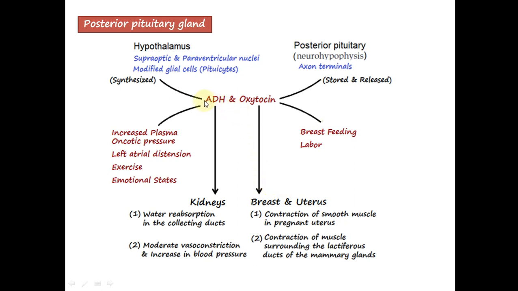ADH is secreted from the supraoptic and paraventricular nuclei, where modified glial cells, the pituicytes, synthesize the ADH, and the osmoreceptors present in the hypothalamus sense the osmolality of the blood.